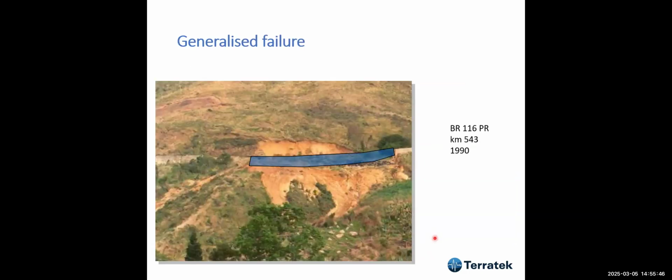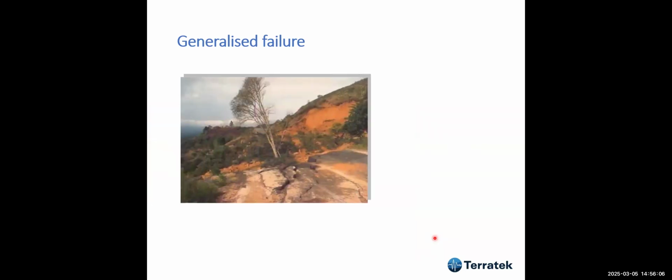Here's an example of generalized failure that I analyzed many years ago in 1990. In those days, we didn't have very good programs to do failure analysis, but I had one in Fortran, and I did analyze that with the Fortran program. Oh, it was terrible in those days.